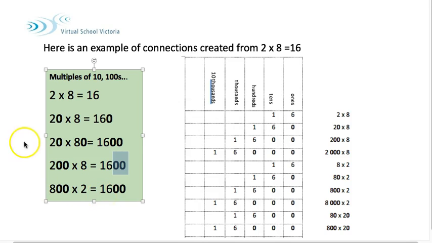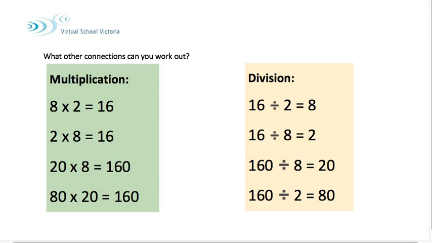So be wary of how you're working because you're multiplying by 10 and moving things into their place value columns. That is a very common error that people do get confused with. Anyway, you can do multiples and it works up to even working in millions. You can work out divisions as well.